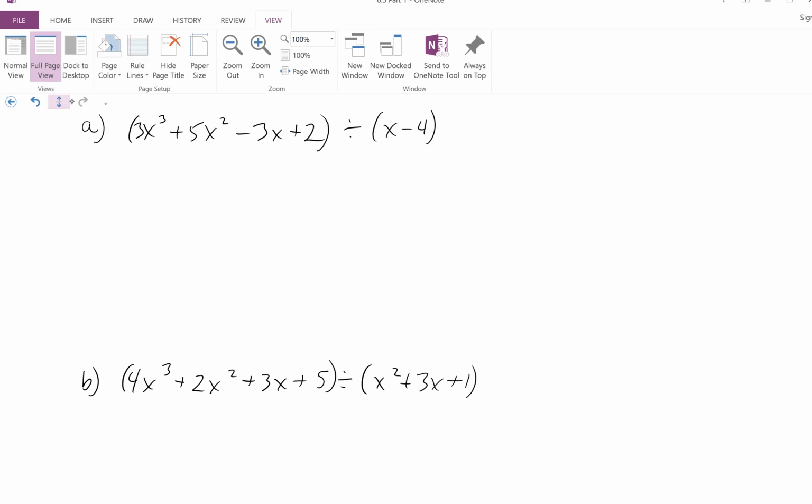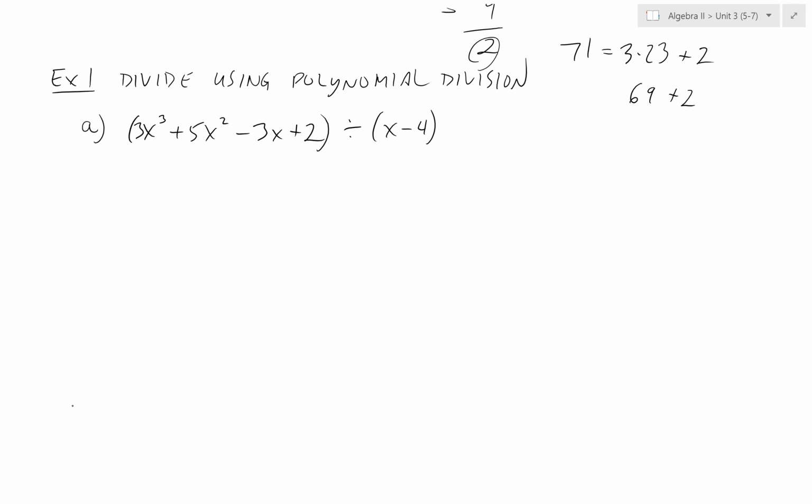And so first, we're going to write x minus 4 divided into 3x cubed minus 5x squared minus 3x plus 2.